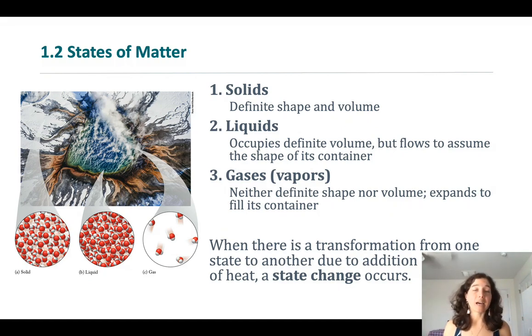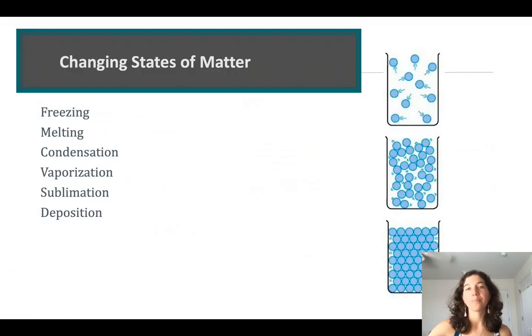Now, oftentimes we see matter transition between these states. It'll go from solid to a liquid, liquid to a gas, or vice versa. And this is what we call a state change or a phase change. This often occurs due to an addition or removal of energy, usually in the form of heat.